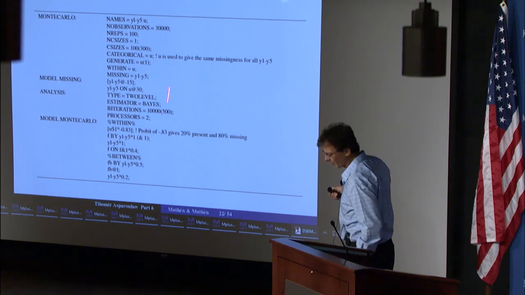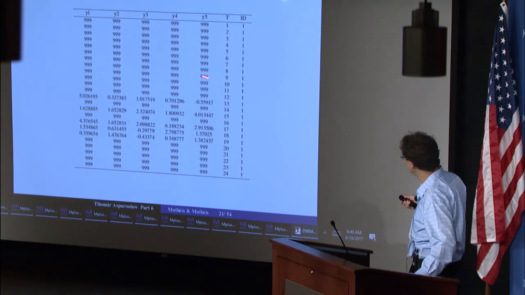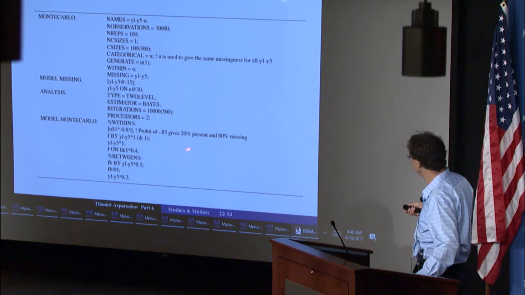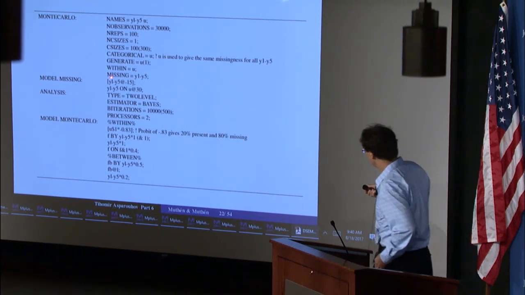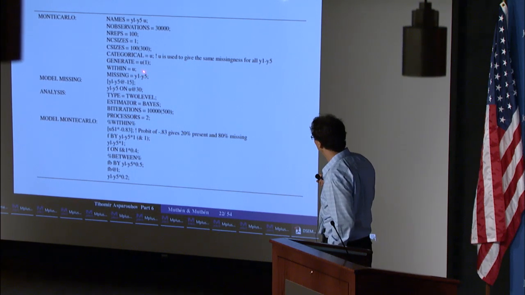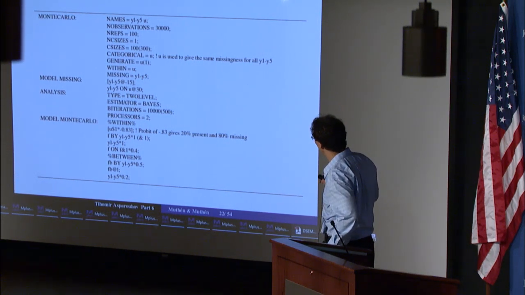To introduce this kind of missing data in this Monte Carlo simulation, we want all the variables to be missing at the same time or not missing at the same time. You first specify the missing command, specifying that these variables can be missing. And we introduce a binary indicator that is going to make the variables be missing at the same time or not.